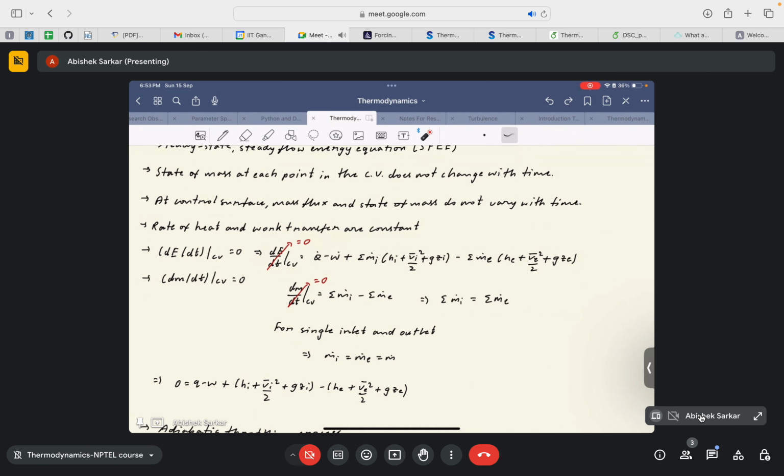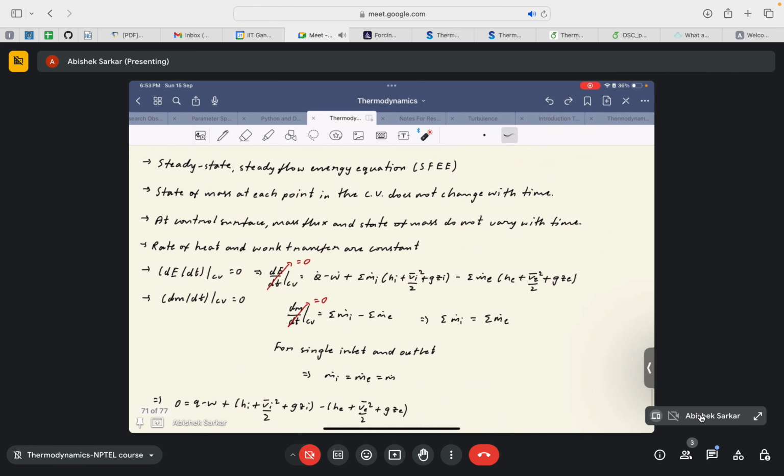I like to give it the acronym SFEE. In the lectures it is maybe written as SSSF energy equation, but I like the acronym SFEE, so I will more or less try to mention it as SFEE all the time.